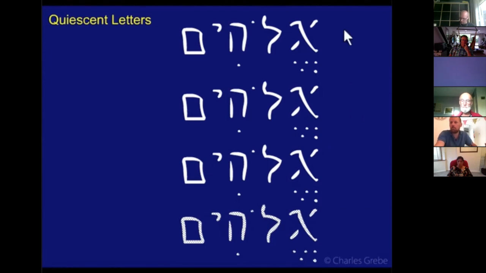What happens if we add an inseparable preposition like l on here? Well, the first thing we notice is we have 2 shavas at the beginning of a word. And when we have that, we need to apply our rule of shava. By way of review, we had 2 rules of shava. One was where we have 2 simple shavas at the beginning of a word.